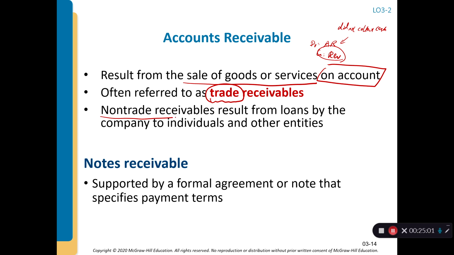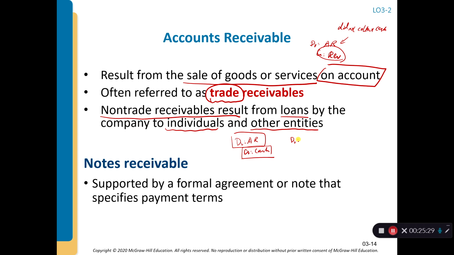And non-trade receivables can result from loans that you lend to individuals, such as your employees or your executives or other people. So, for example, you extend a loan to your supplier, say for $10,000, so that will be a debit to accounts receivable and a credit to cash, right? So you lend the money to them by charging extra interest.